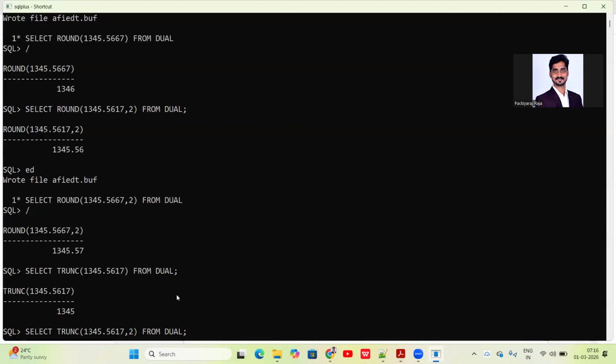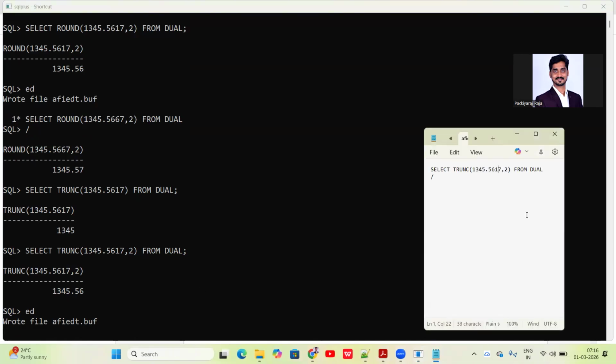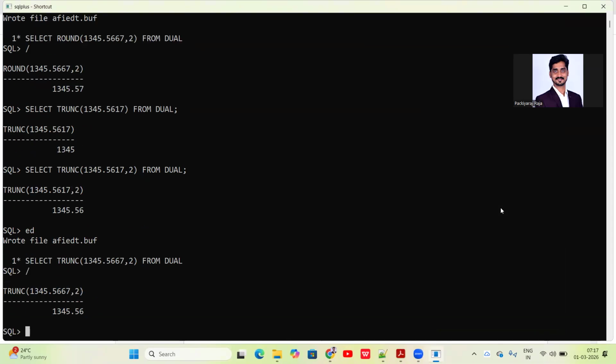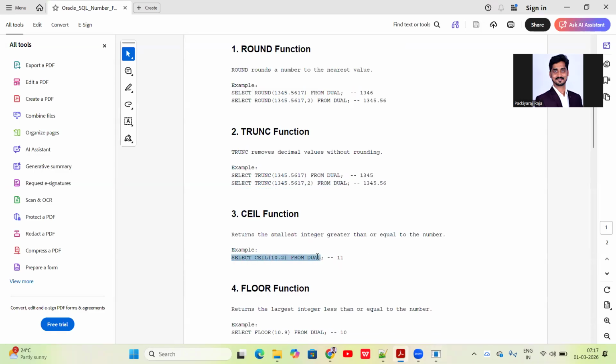So see, two positions. If you give the same, but it's a trunk, it will just remove. It won't round it because it's trunk. So it's coming 56. Okay, so now this is the ceil.